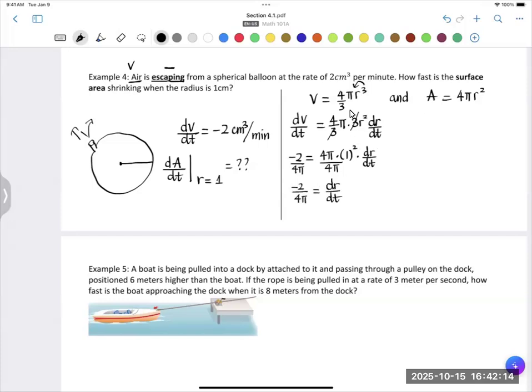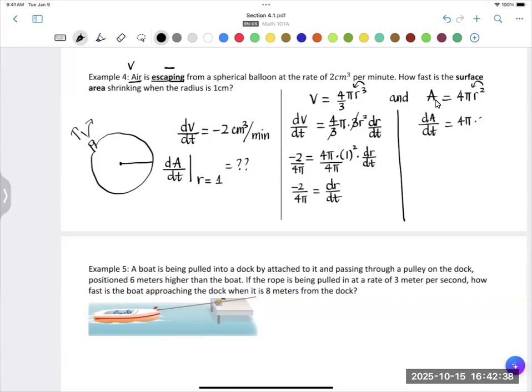Okay, so from the volume formula, we got dr over dt, but this is not what we want. We want the derivative of A with respect to t. So we're going to have to do the derivative of the surface area. So dA over dt will equal 4 pi. It's a constant coefficient.